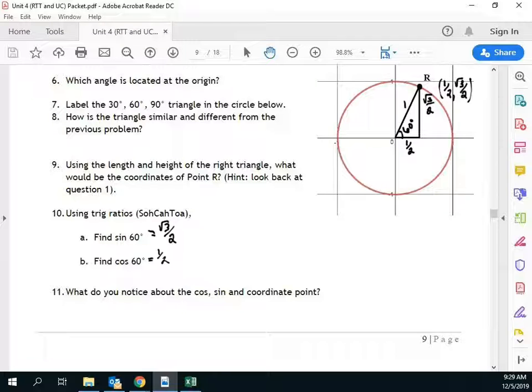How do those answers compare to each other? They're flipped. Sine of 30 is equal to cosine of 60. Put that out there. And vice versa.